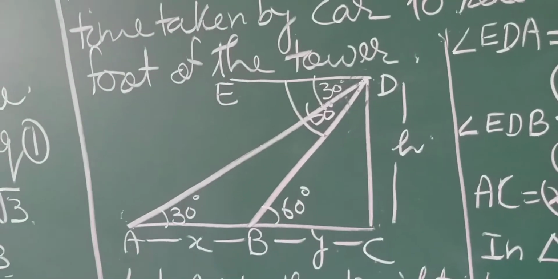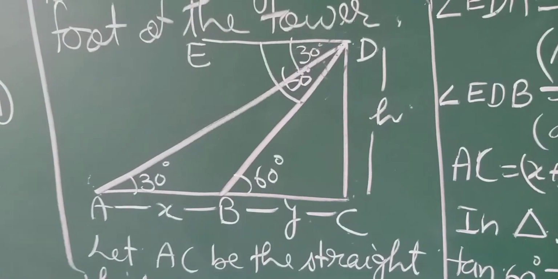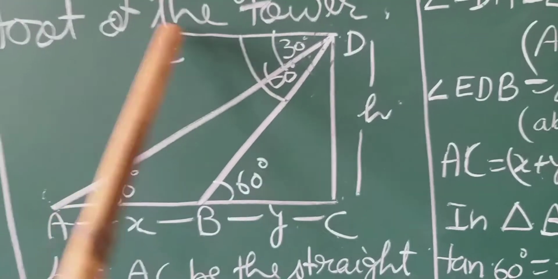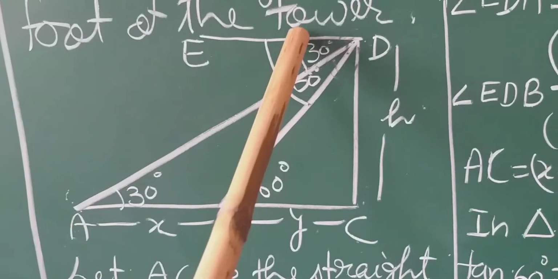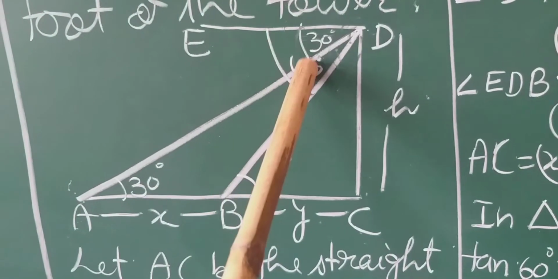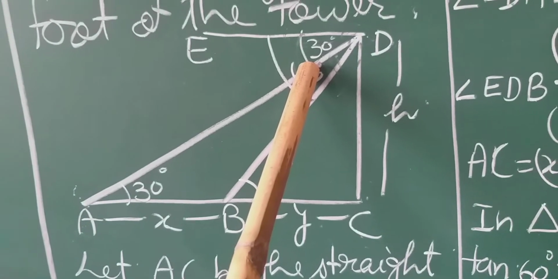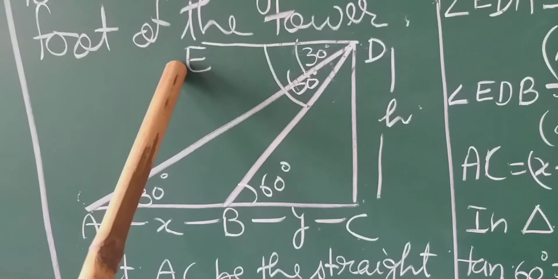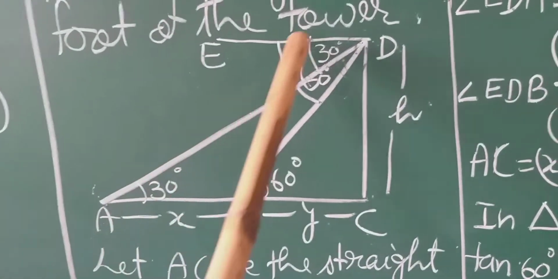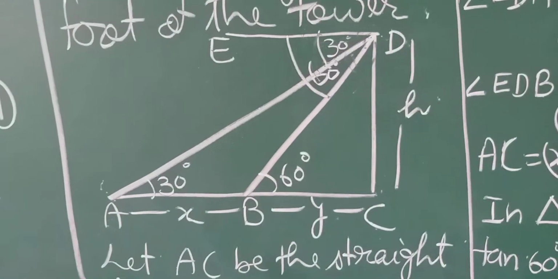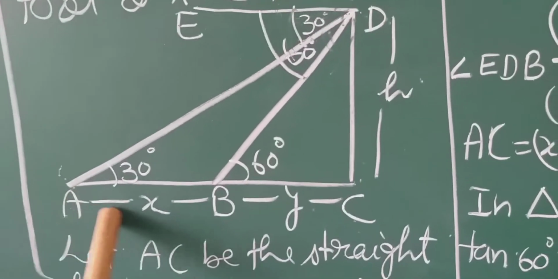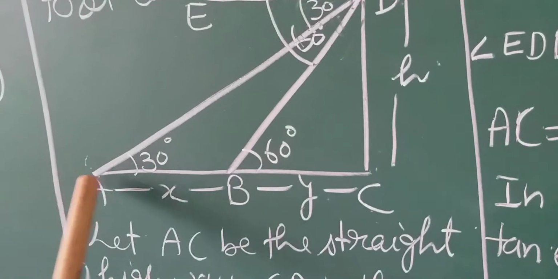So you know, to draw an angle of depression, we have to draw a line parallel to the base, and the outer angle, outside angle, this angle is the angle of depression. So angle EDA is given to us as 30 degrees. Now the car is approaching the tower with a uniform speed.